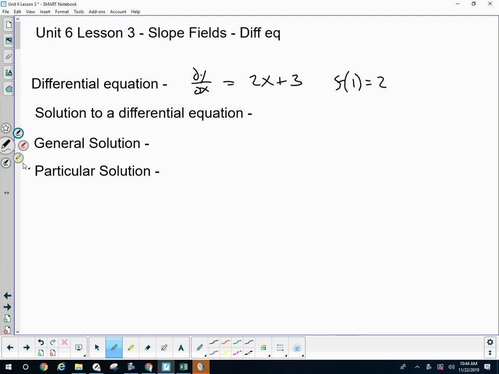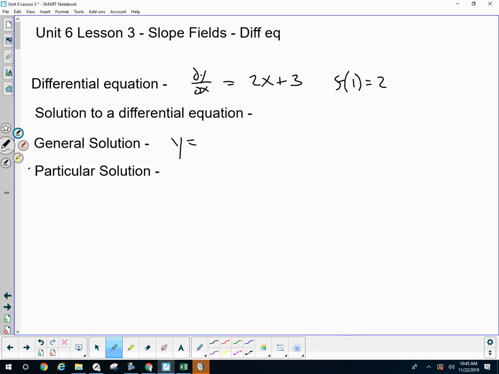And we can find the general solution. Maybe instead of f equals the antiderivative, we'll have y equals the antiderivative. So go ahead and find the general solution, which will include a plus c, to that differential equation. Y equals.